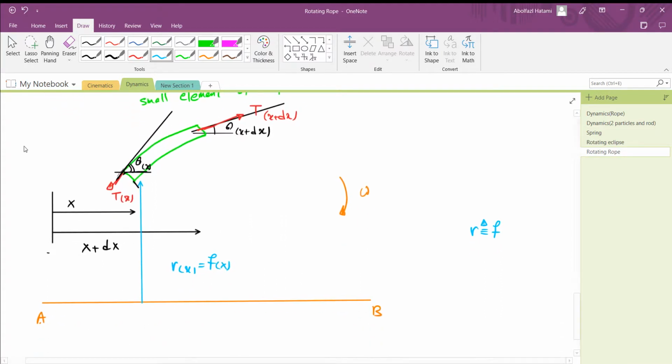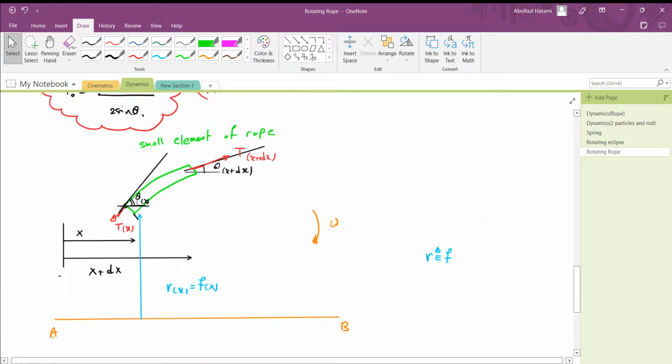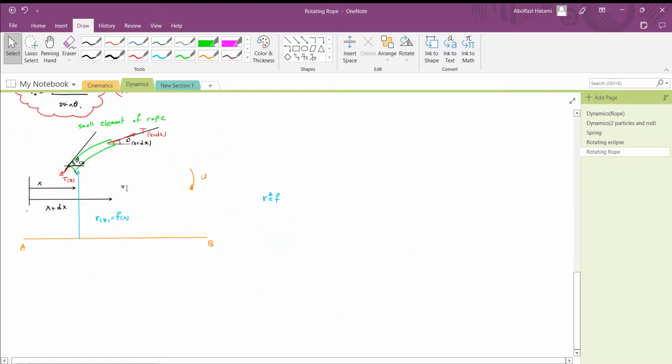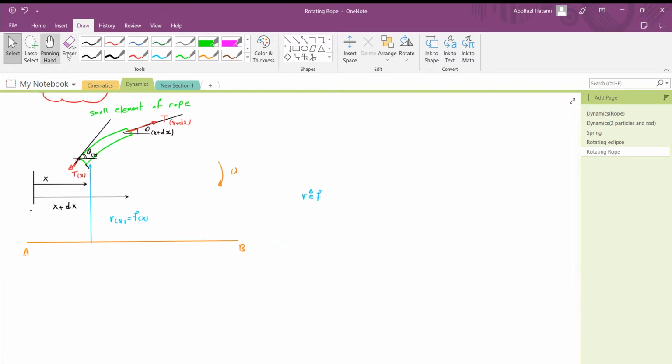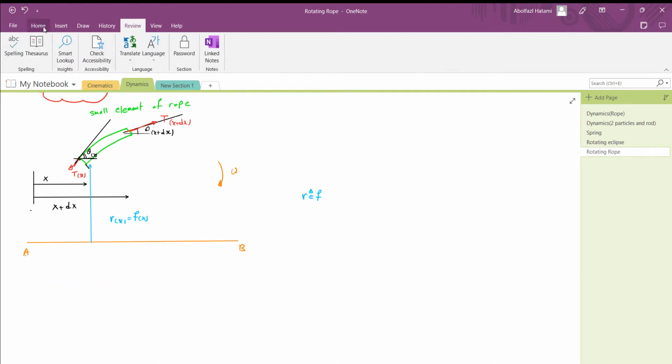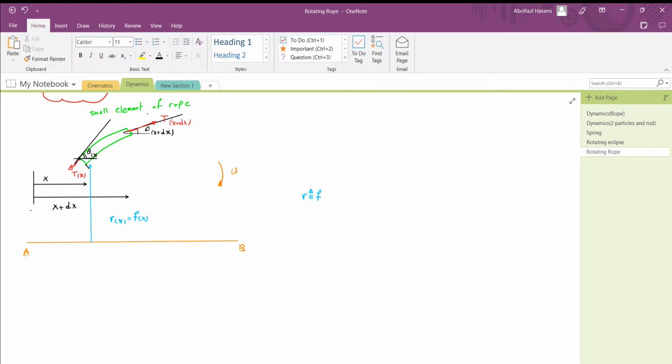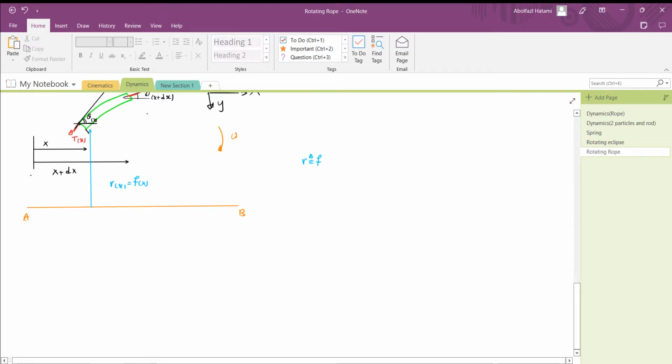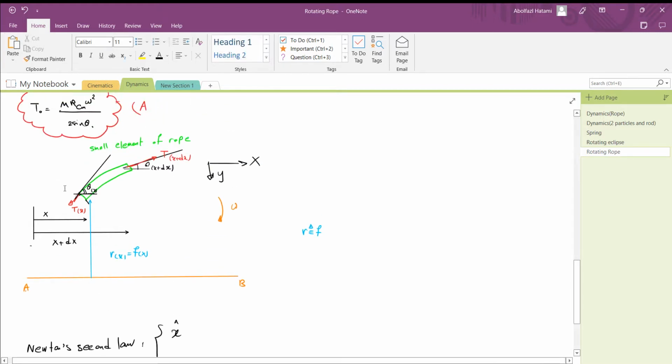So if I want to write Newton's equation for this element, we have two directions, one in this direction x, and another direction which I want to call y. If I write Newton's second law, in the x hat direction, if you paid attention, we don't have any acceleration.